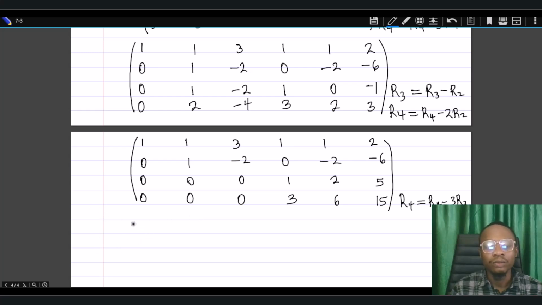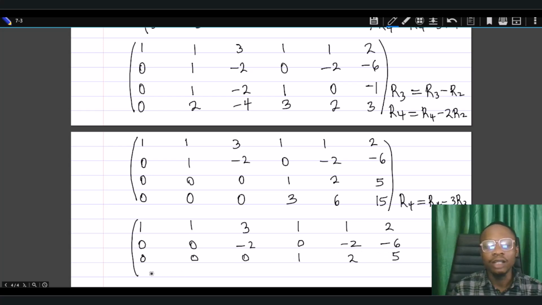So what do we get at the end of the day? Nothing's happening to the first row, that is 1 1 3, then 1 1 2. We good? Then the second one we have 0 0 minus 2 0 minus 2 minus 6. And then for the third row we'll have 0 0 0, then 1 2 and 5.